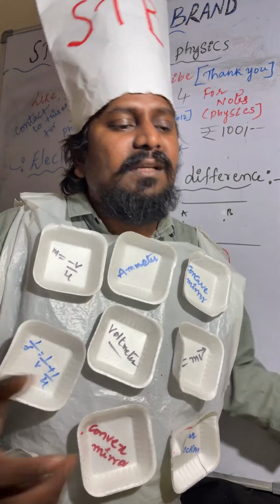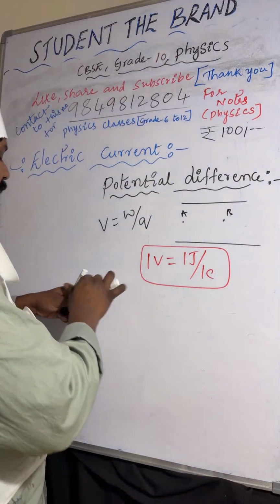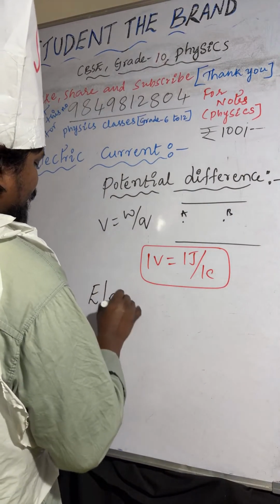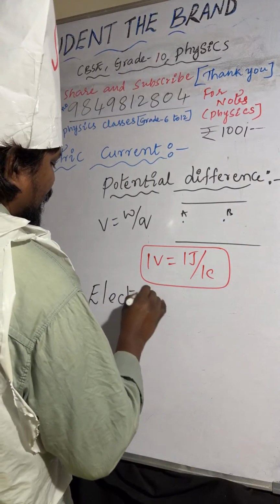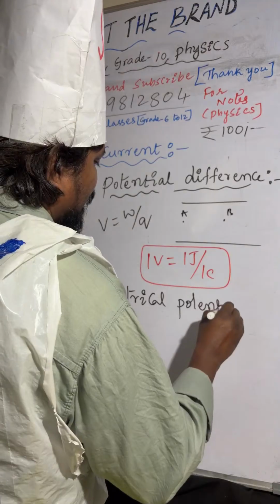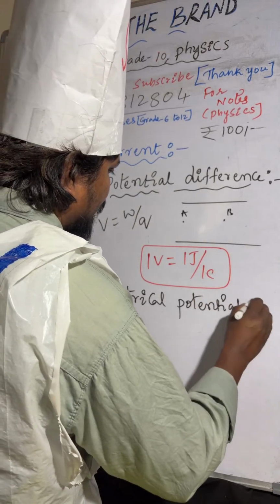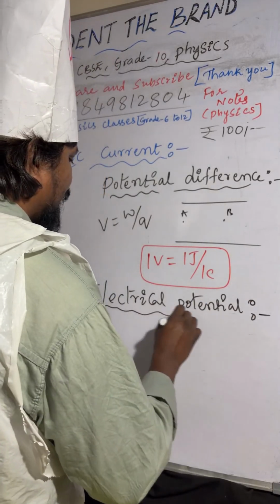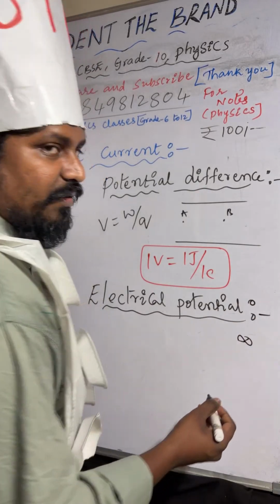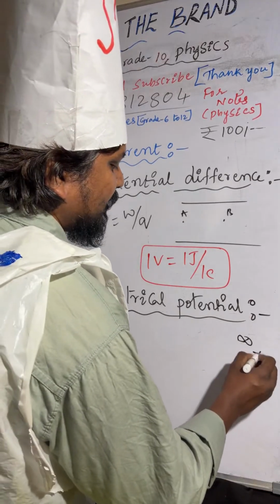So what about electrical potential? Coming to electrical potential, here you can observe, this is infinity, and a positive charge is there.